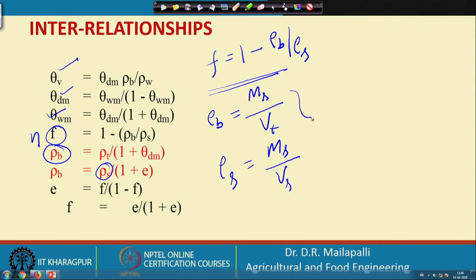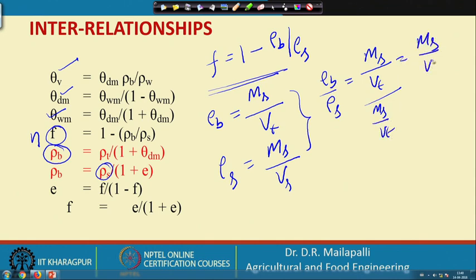If we divide these, rho b divided by rho s is equal to m s by V t times V s by m s. The m s cancels out, so rho b by rho s is equal to V s by V t.